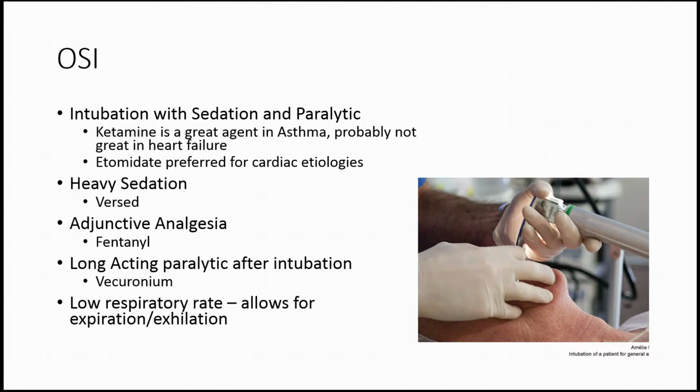Some people have in their protocols actually that when they put an asthmatic on CPAP, they give them an analgesic dose of ketamine because it really reduces the stress, it reduces the anxiety of being in respiratory distress, and it provides some bronchodilator support. We don't have that in our protocol, but a lot of people advocate for the use of ketamine with severe asthmatics, okay? Even prior to intubation, okay? But when you do decide, I'm going to tube this person, ketamine's probably your best agent.